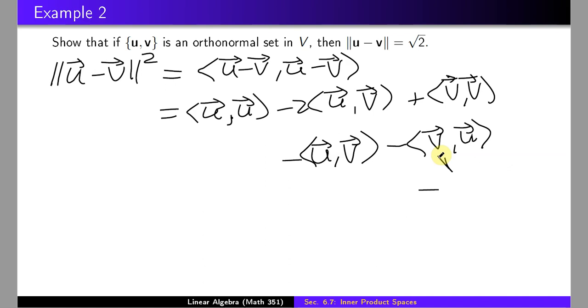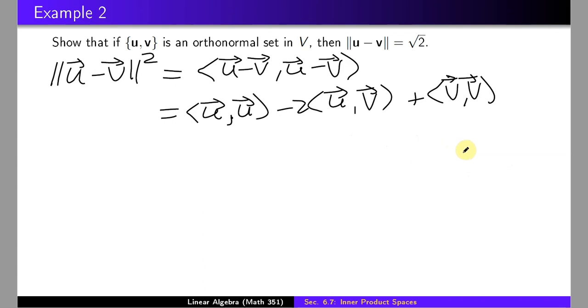But let's back up here. Just using some of the properties of the inner product, distribution, and the ability to swap the order of the inner product, this gives us the following.